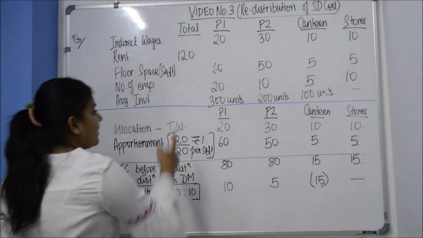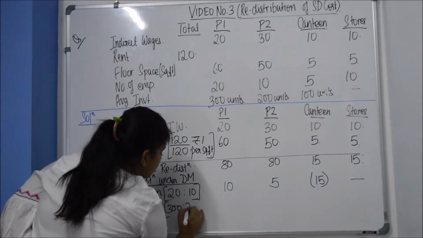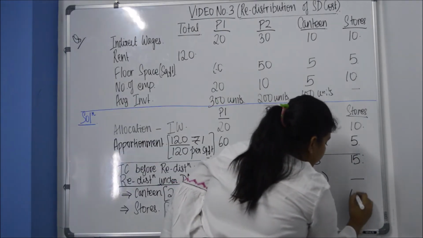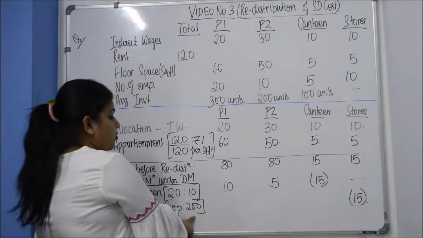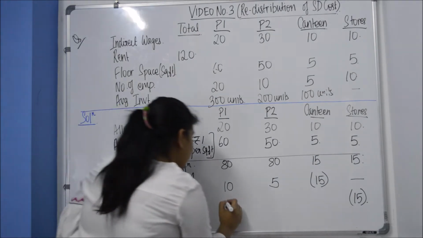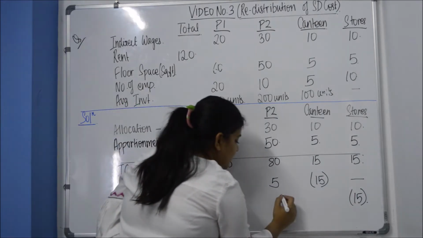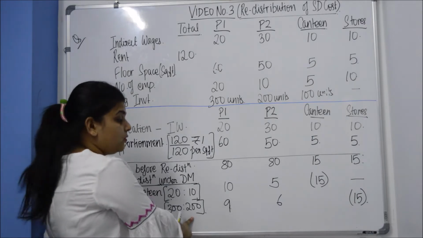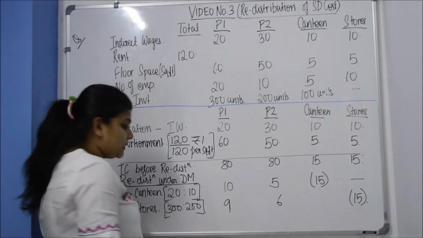So stores will divide its cost in the ratio of 300 is to 200. So negative 15 distributed in the ratio of 300 is to 200. That becomes rupees 9 and rupees 6. 15 divided by 500 becomes 0.03 into rupees 15 and into rupees 6.